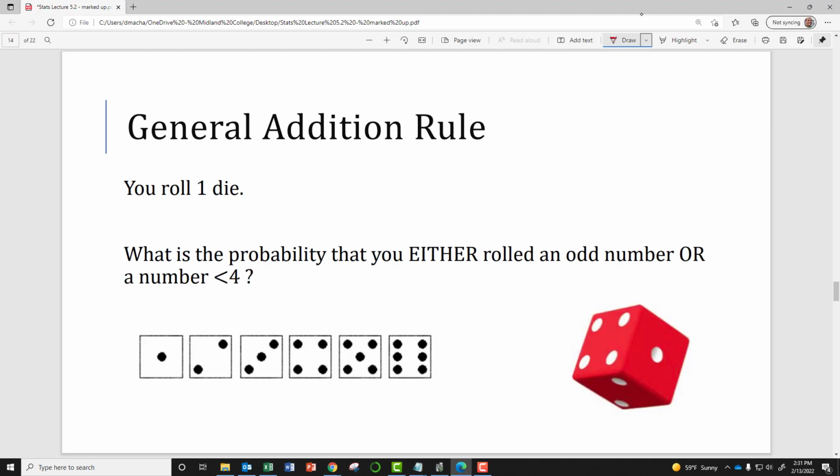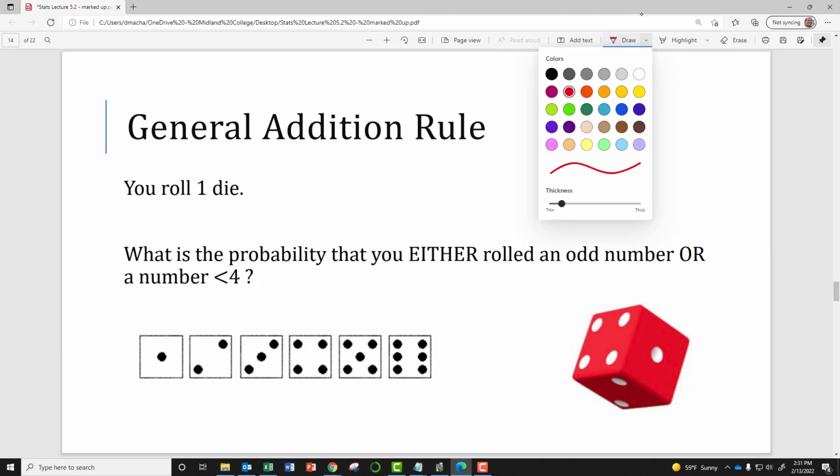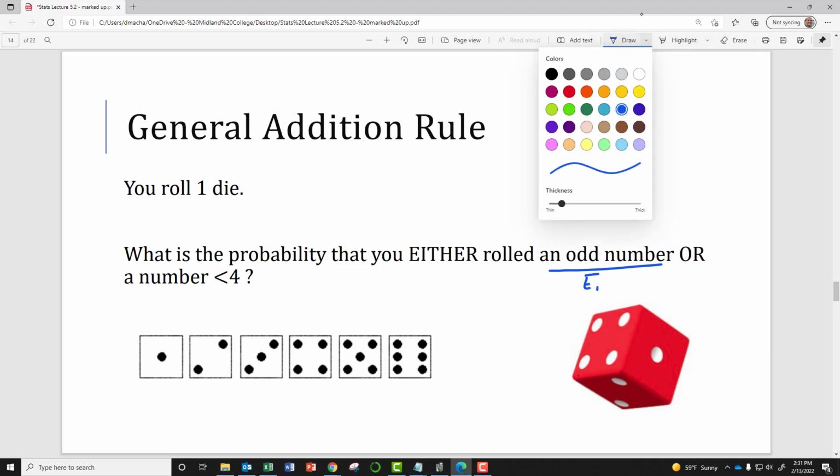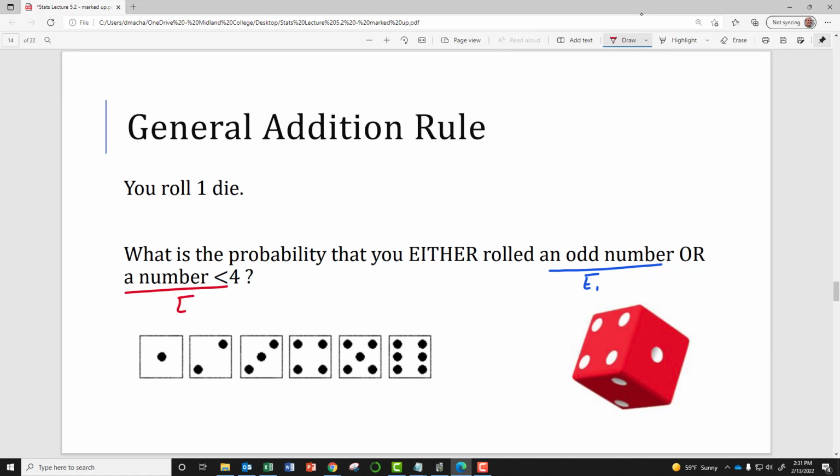Let's suppose you roll 1 die. Now, what's the probability that you roll either an odd number or a number less than 4? Well, let's talk about rolling an odd number as being event E1 and rolling a number less than 4 as being event E2.